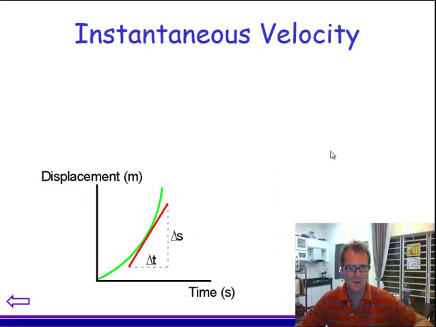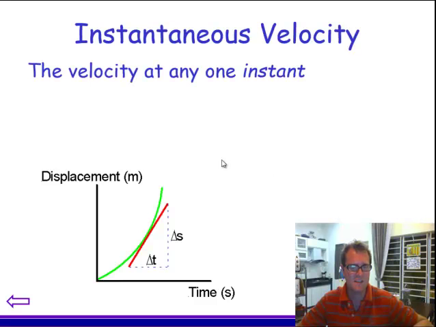I should also mention something called instantaneous velocity. We're going to look at graphs in the future, but just for now, the instantaneous velocity is a velocity at one instant in time. So this is a displacement time graph. The instantaneous velocity is the gradient at that one moment of time, where that tangential line meets the line showing displacement in time.